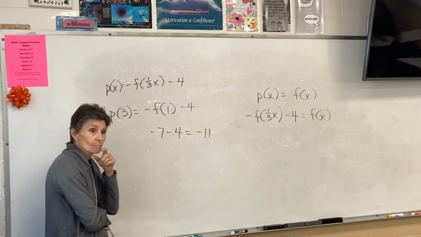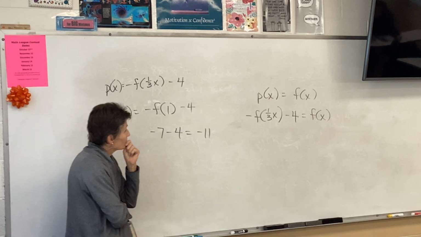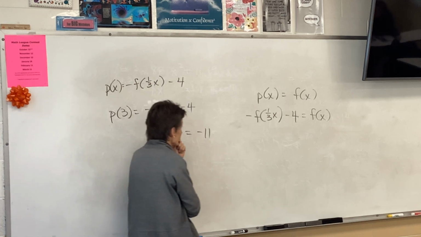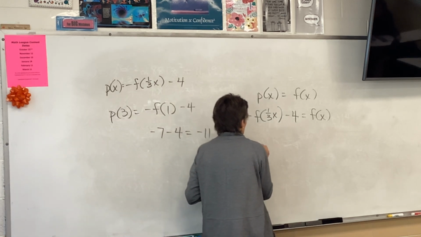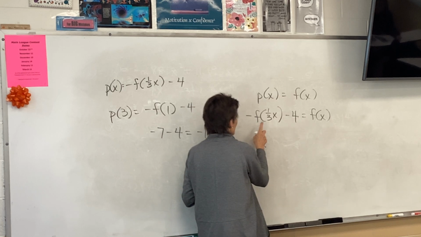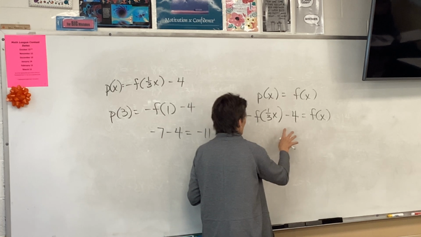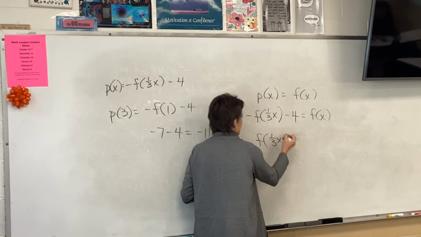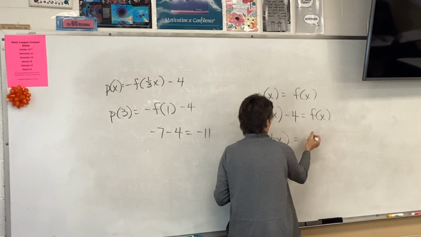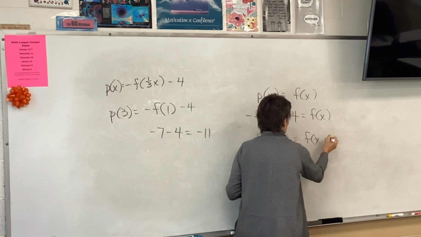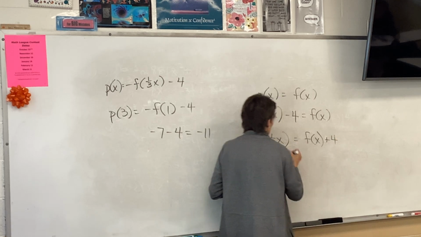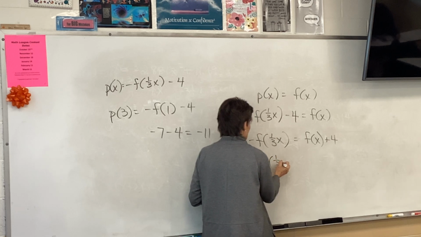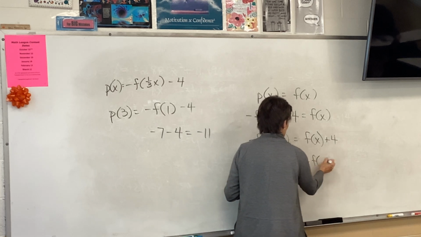Can you divide by F? No, you can't divide by F. You can divide by a negative, you can add 4, you can do all kinds of stuff. This is kind of tricky, but we could add the 4 and then divide by the negative.